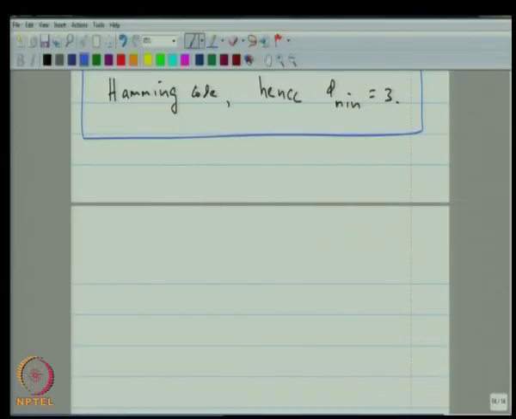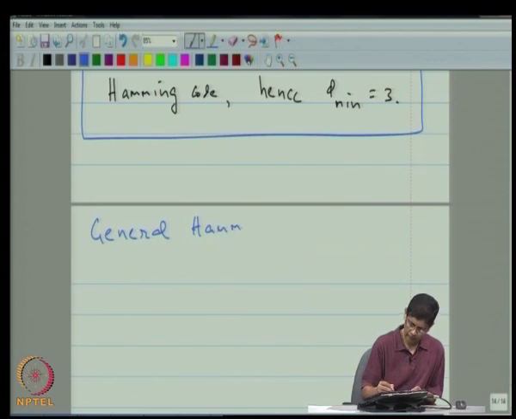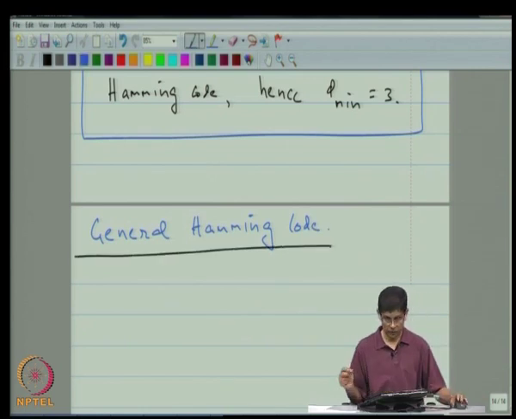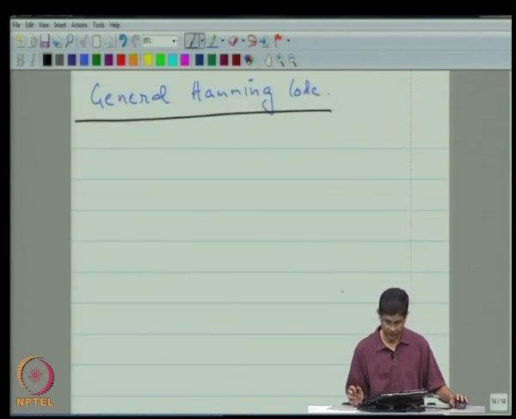And you can actually use this to define a family of codes, and this family is called the family of Hamming codes. So, I will just simply call this the general Hamming code, meaning that the code that we looked at earlier was a specific Hamming code because it had the specific block length 7.